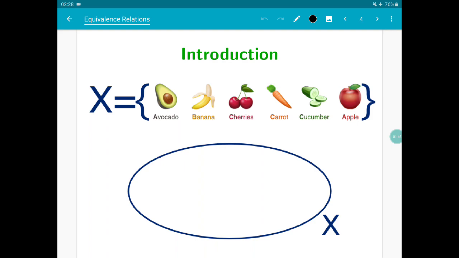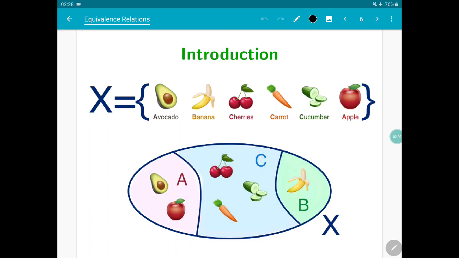You can see from the elements that we put here that we have a total of 3 possibilities, A, B, C. So we will have 3 different subsets, A, B, C. In subset A, we're going to put the fruit or vegetables whose name starts with A, so avocado and apple.